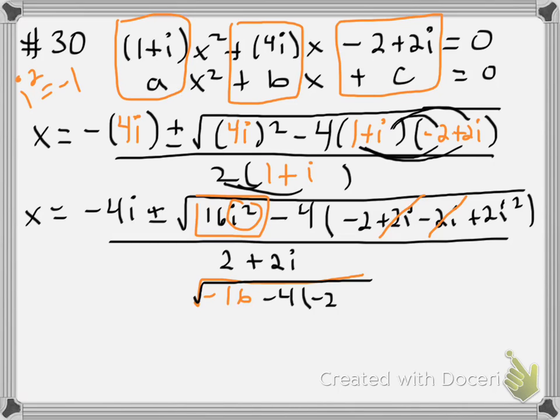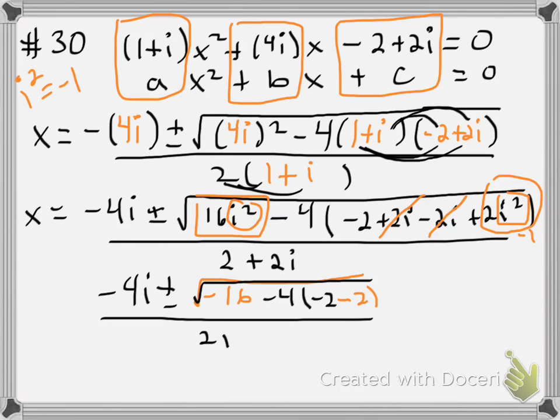And again, this is negative 1. So this whole thing is negative 2. And I've got negative 4i up front, all divided by 2 plus 2i.